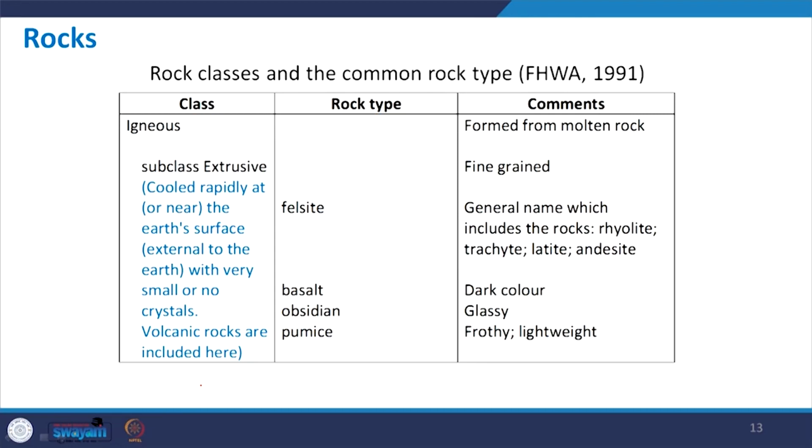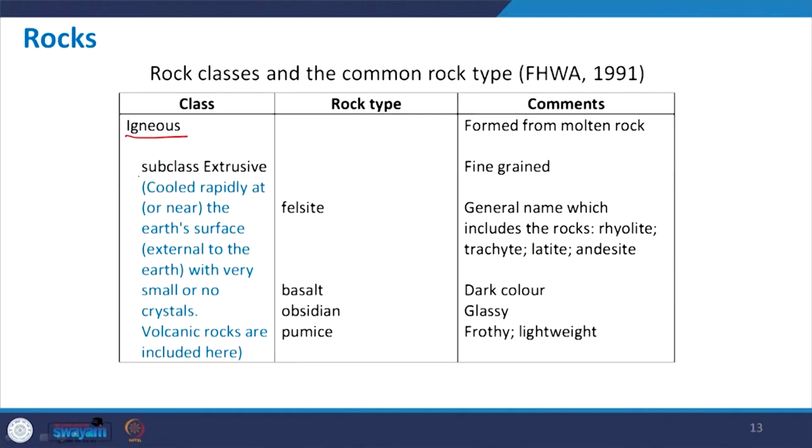First of all, we will have the igneous rock class. This is divided into two subclasses based on how and where it cools. The first one is the subclass extrusive, that means extrusive igneous rock. See how its definition is.